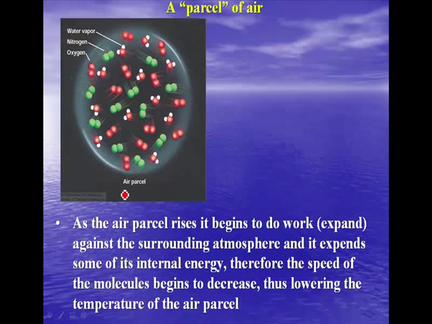Now let's talk about the air parcel for a moment. Let me draw on the screen here the ground, and let's say we have this bubble of air. We begin to move it upward through the atmosphere.